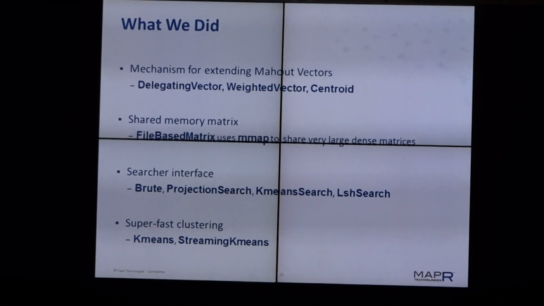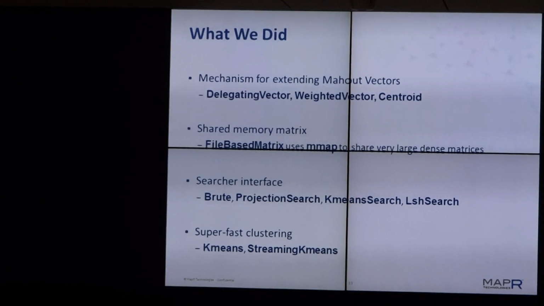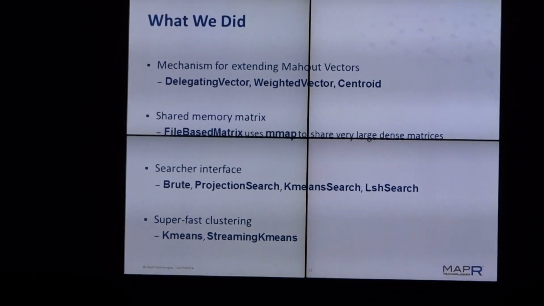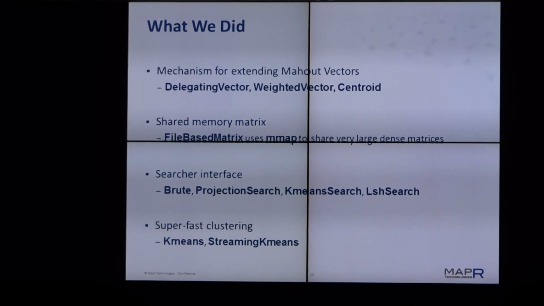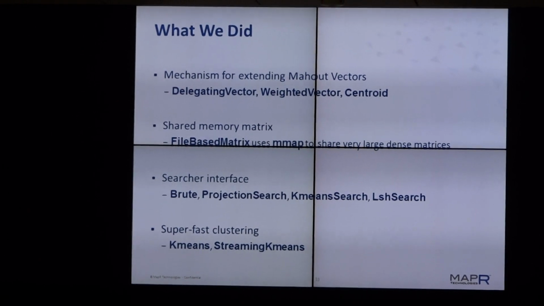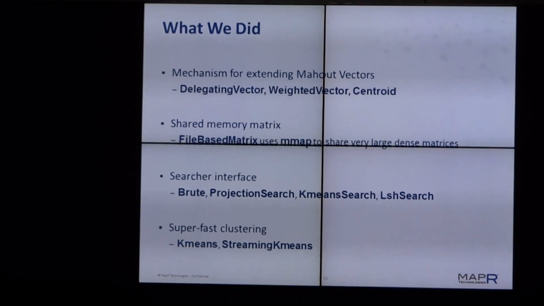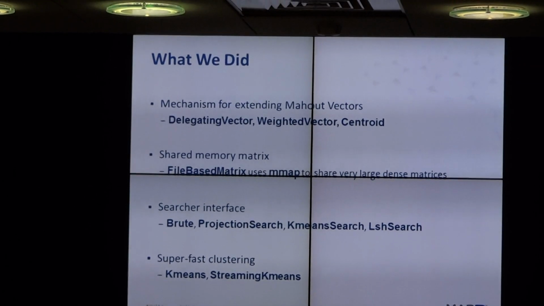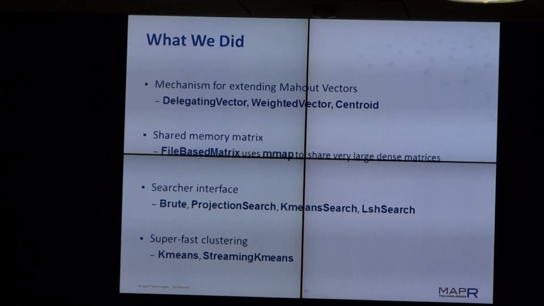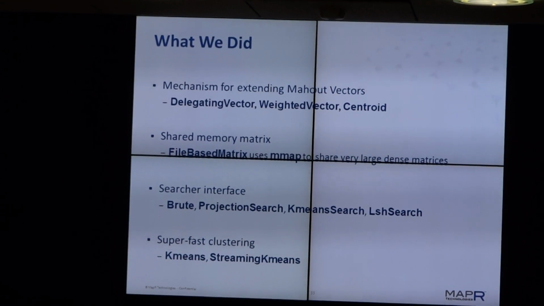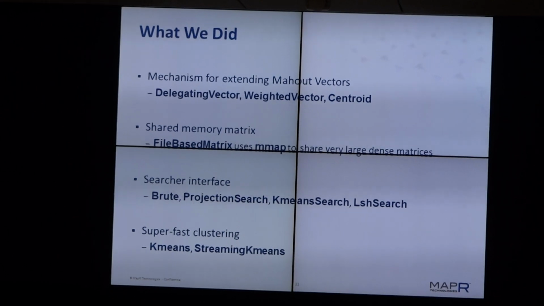So what we did is we took Mahout concepts and structures, and we built a whole bunch of new things that used the Mahout's ability to extend the math library very easily. And so we extended it to build what we call a delegating vector.